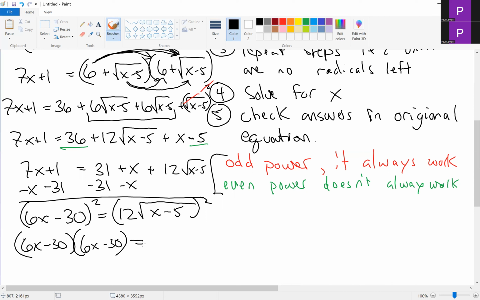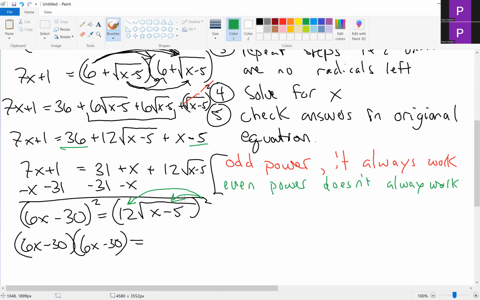Now, on the right side, you can distribute an exponent through multiplication because it's 12 times the square root of x minus 5. Why can you distribute an exponent through multiplication? Because an exponent is multiplication. It tells you how many times you're multiplying.